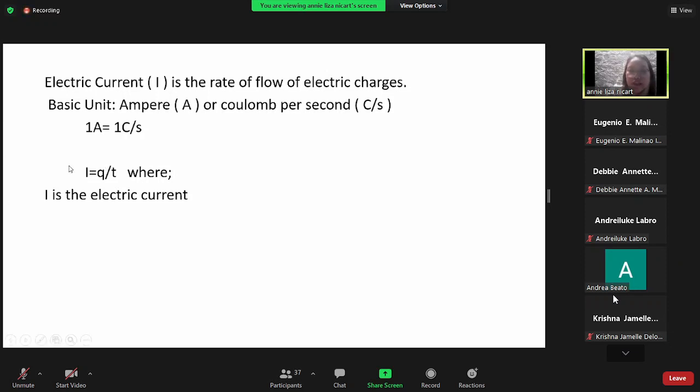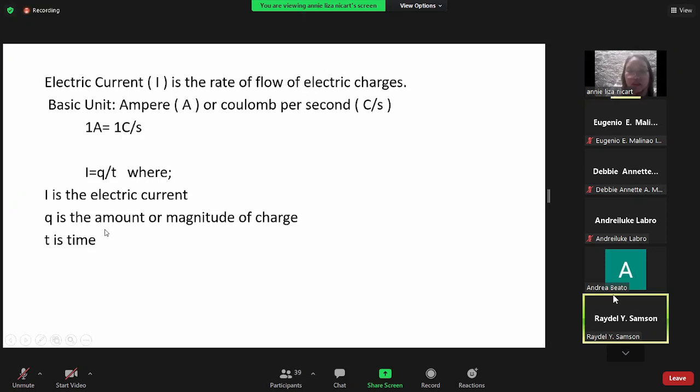We have it here in this equation: I is equal to Q over T, where I is the electric current, Q is the amount or magnitude of charge in coulomb, and T is time. Hindi na ako mag-elaborate dito kasi earlier part pa ito ng lesson. I am assuming na na-encounter nyo na to, itong I equals Q over T.